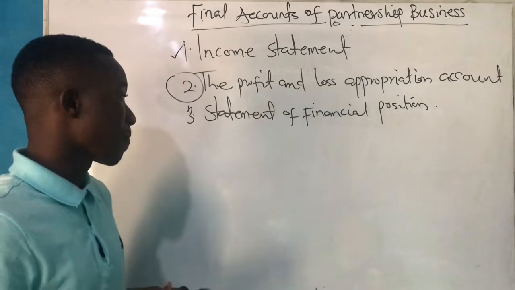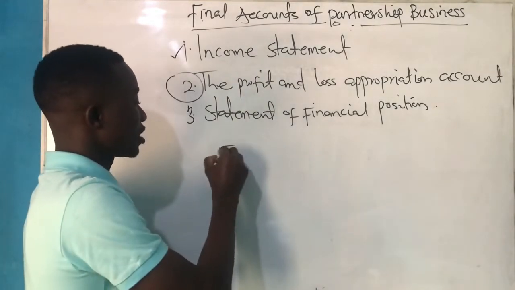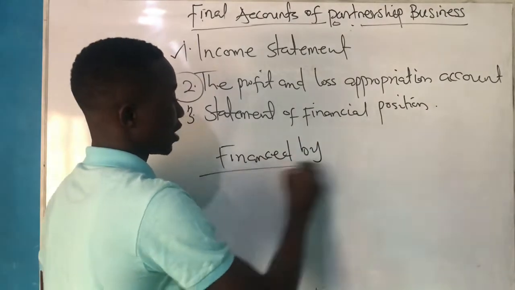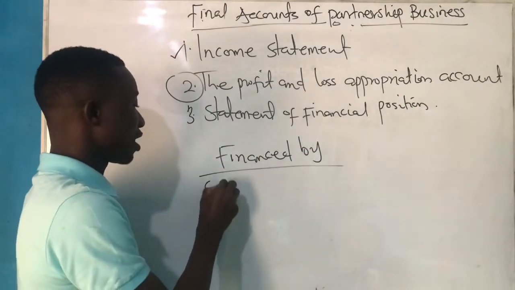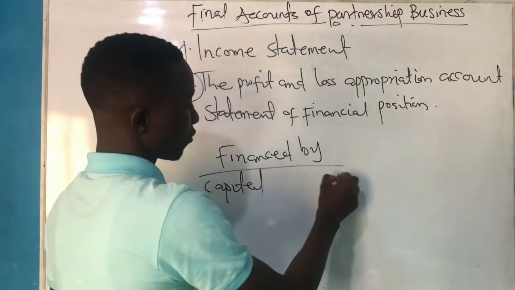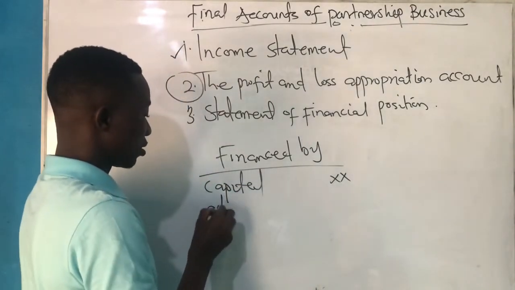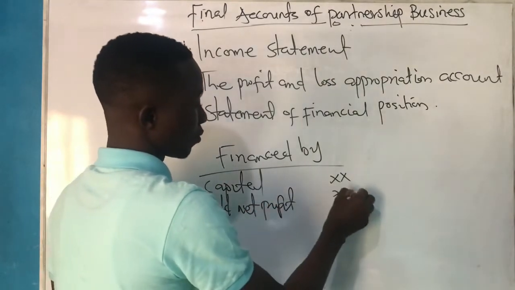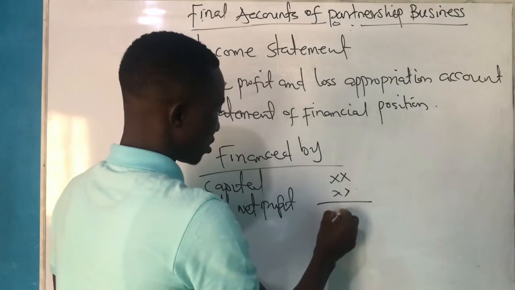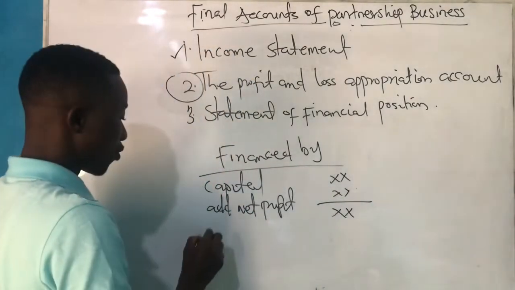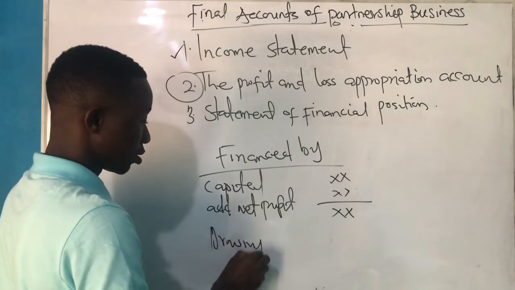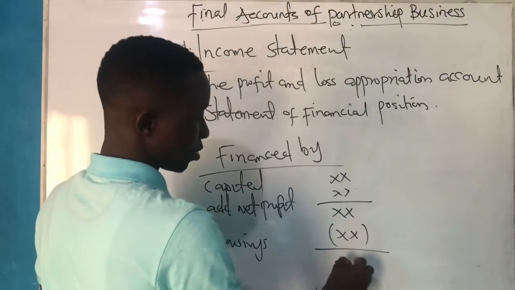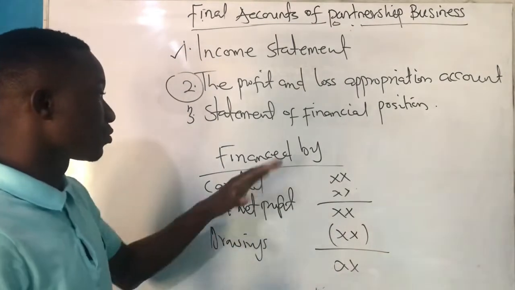For a sole trader, under the financed by, we always have our capital, then we add net profit, then if there are any drawings, we take them out. Is that okay? So this is what we do in the case of a sole trader.